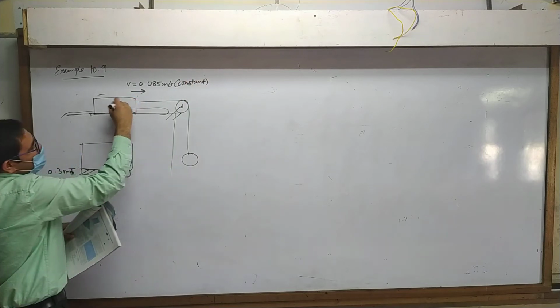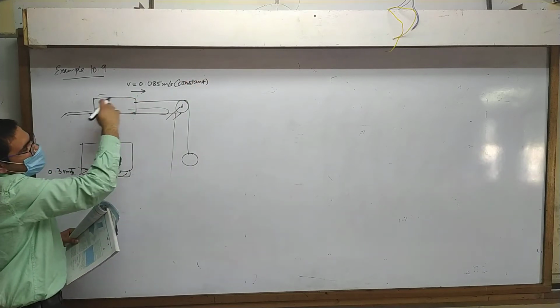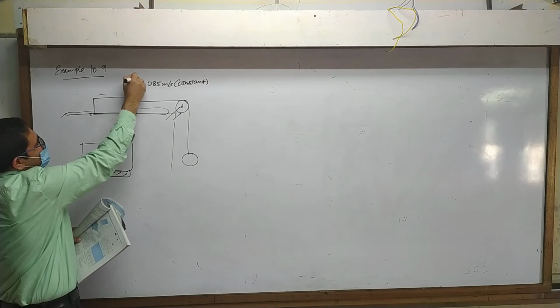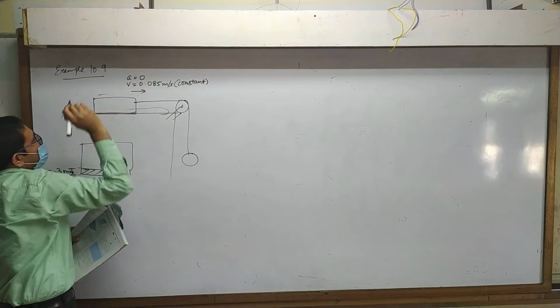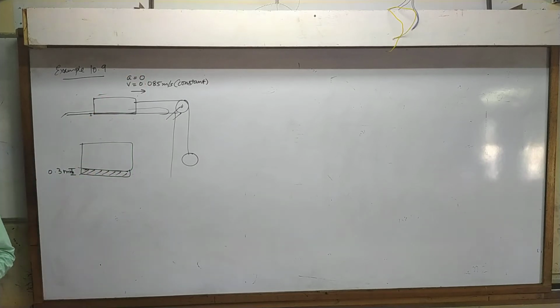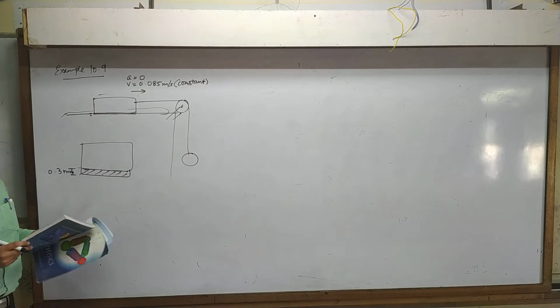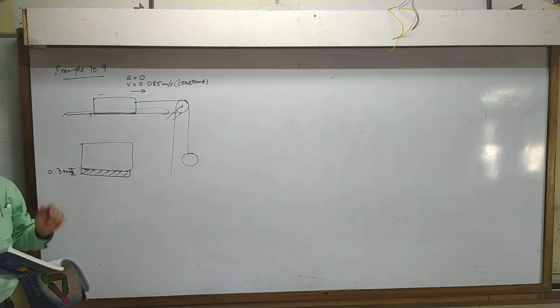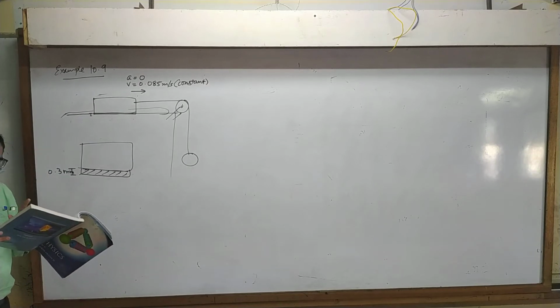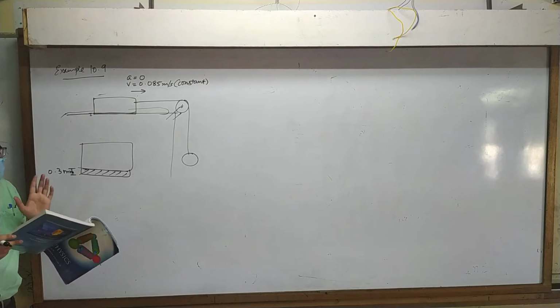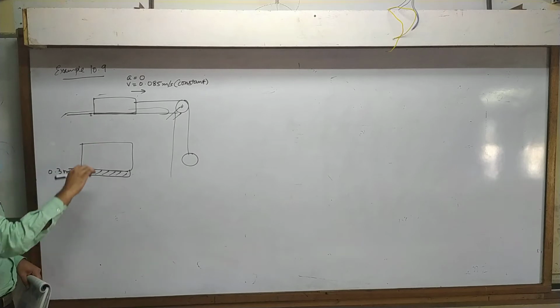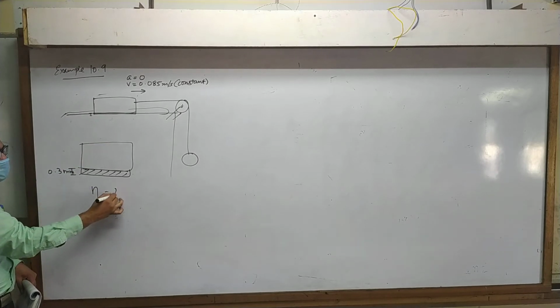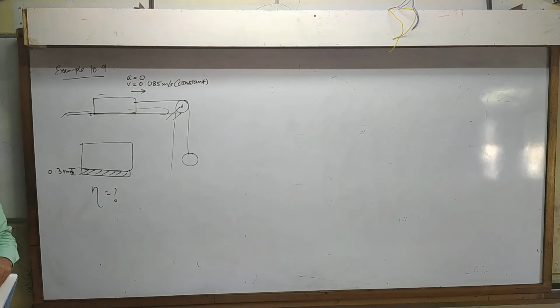So if this block is continuously moving to its right side with constant speed, how much will be its acceleration? Zero. That's an important thing to know. The question is, find the coefficient of viscosity of the liquid. Based on this information, we have to find out what is the value of eta of that liquid.